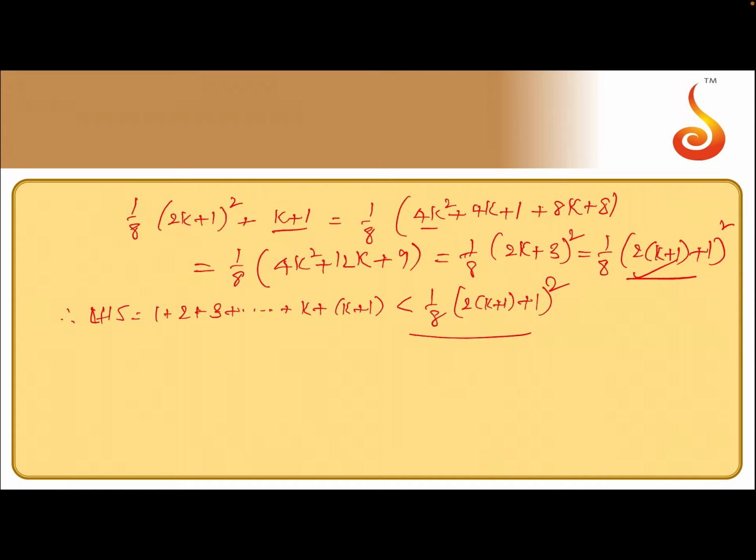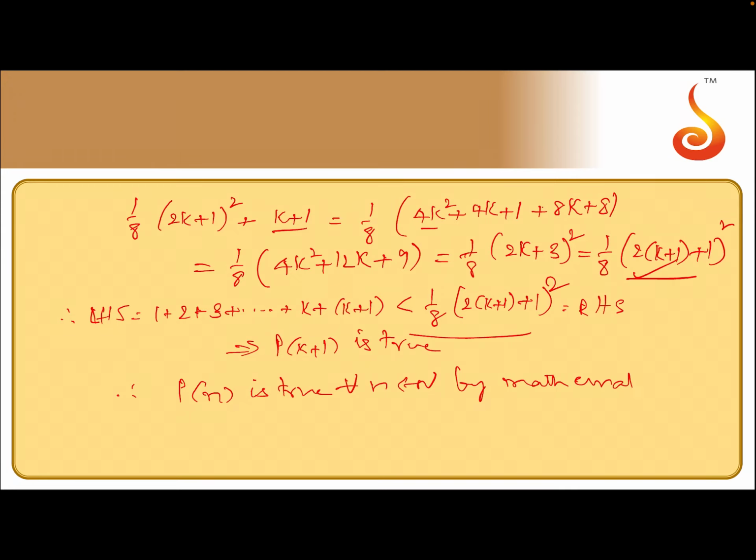This is nothing but the RHS value in case of the statement for k plus 1. That implies Pk plus 1 is true, and therefore the statement Pn is true for all n belonging to N by mathematical induction. Hence the proof.